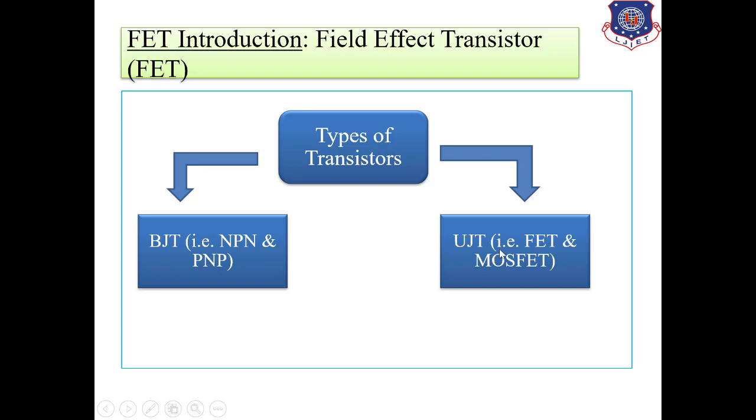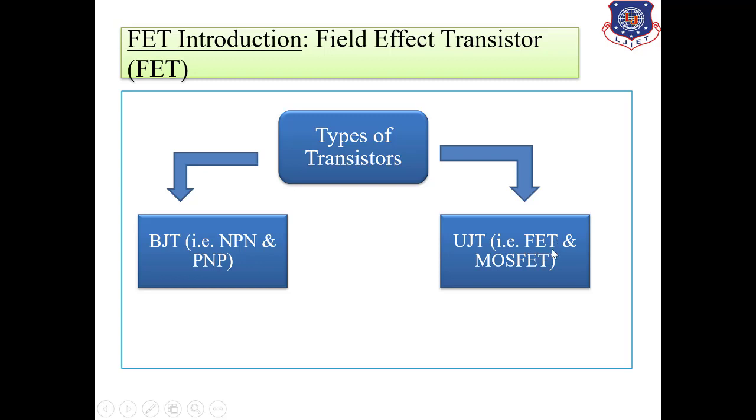While in UJT, uni-junction transistor, that means in UJT conduction takes place due to only and only majority carriers. That's why the name is uni-junction transistor. Only one polarity is important during working and conduction.